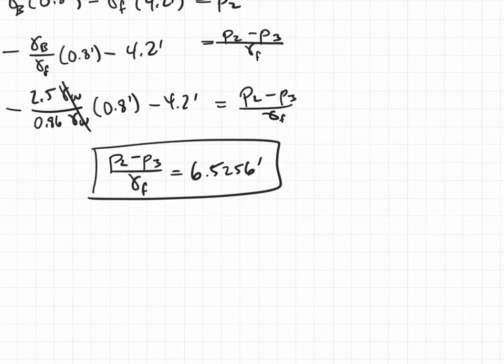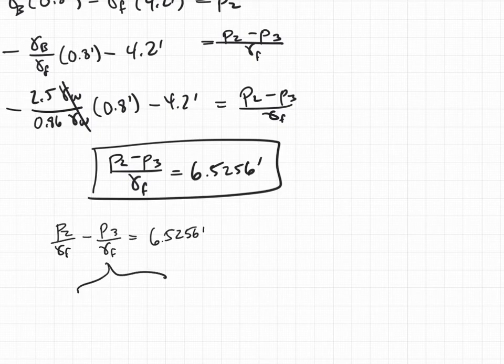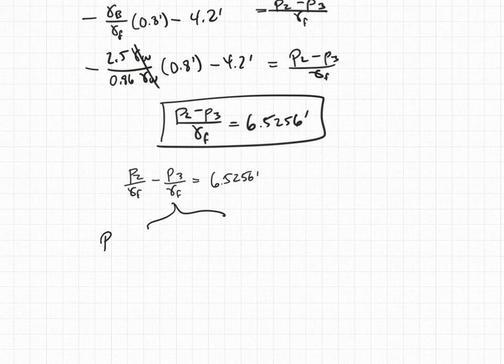I'm going to say P2 over gamma F minus P3 over gamma F equals 6.5256 feet. I'm going to expand this out. So I'm going to write P2 over gamma F minus, this is going to be P1 over gamma F plus V1 squared on 2G, equals 6.5256 feet.